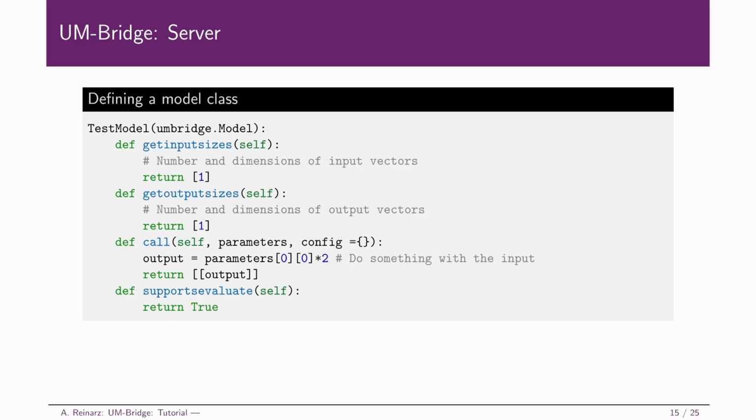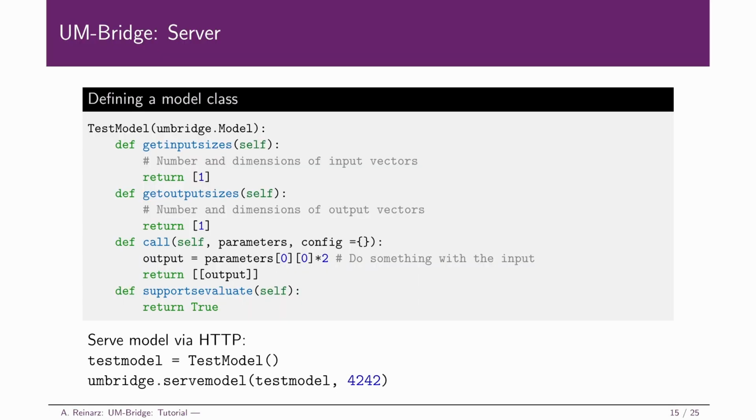And all that a very, very basic model would need is it needs to know the input sizes, so whatever parameter vector you're passing in, how large is that, the output sizes, and then it needs to implement one of the supported operations. So in this case, the example I'm showing only supports evaluate. It doesn't support gradients, Jacobians, or Hessians. But of course, you can write something which implements all, or in theory, also none of those.